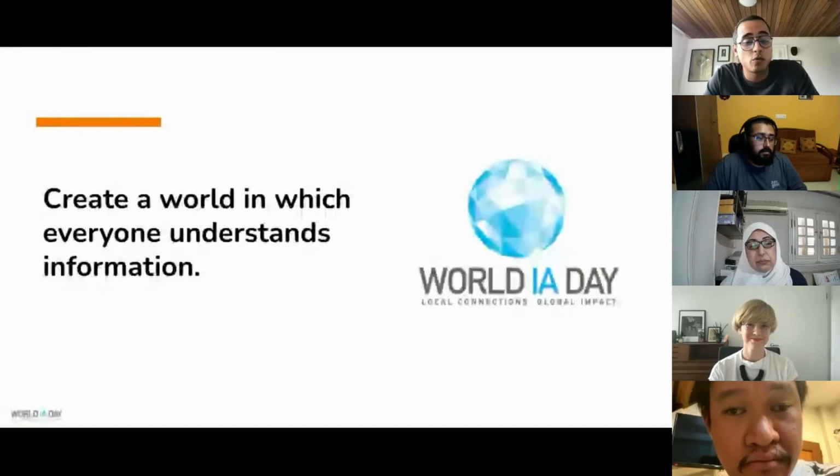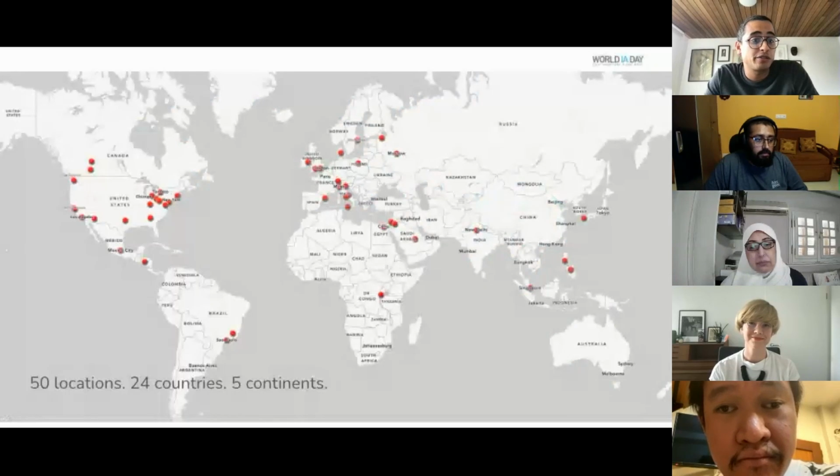This panel is brought to you, as Grace mentioned, thanks to the World IA Day organization. We host a non-profit global conference curated and organized by volunteers worldwide. We provide the foundation for learning about information architecture and understanding how information is structured and understood. We hosted the global event this year in February, and this year's topic was curiosity.